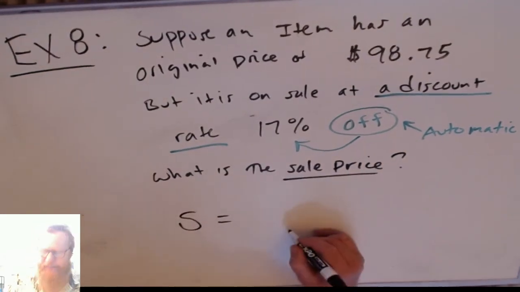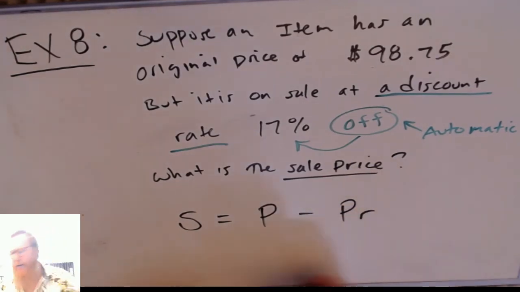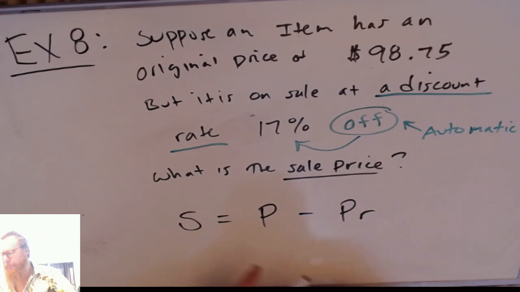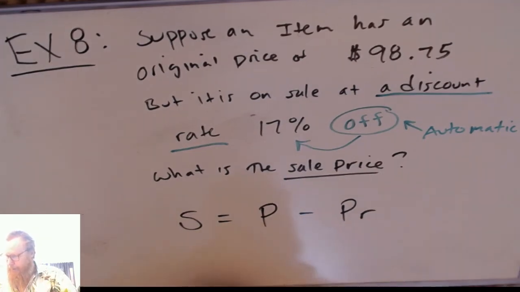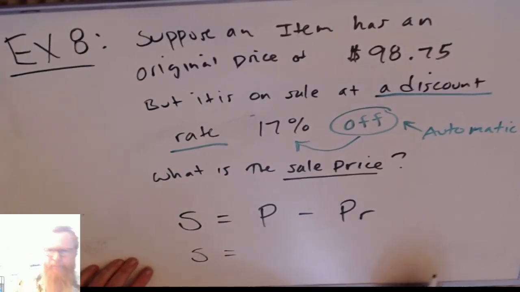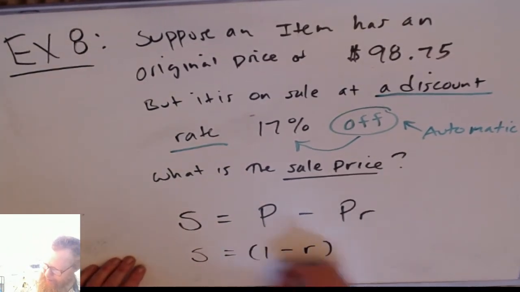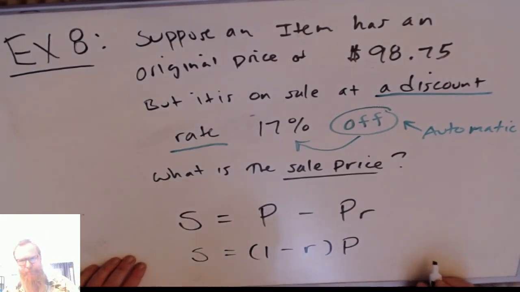So S is the original price minus the discount. So S is 1 minus R times P. Remember that invisible 1 there.